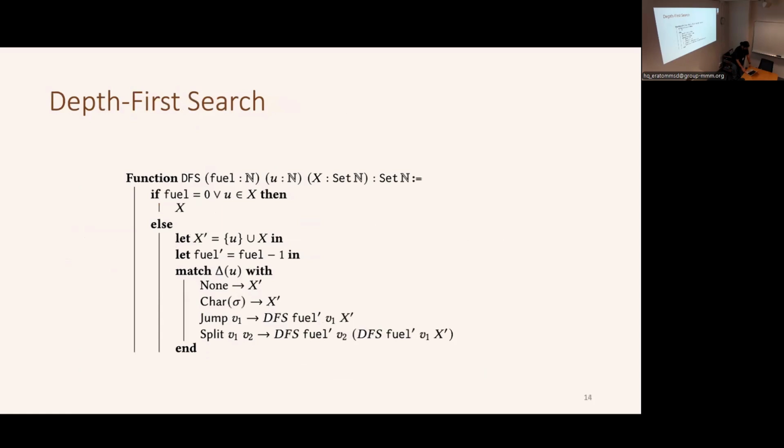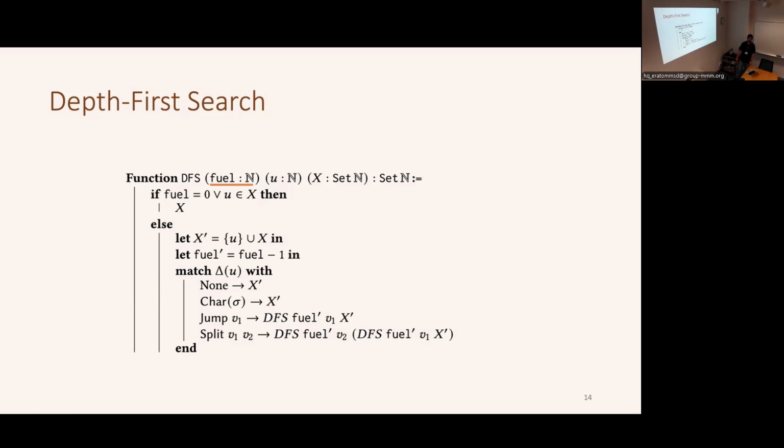As a part of exploring the Thompson NFA, we have some kind of graph search. We went with DFS. One of the things I want to note here is that we have a fuel parameter. All the functions in Coq are required to be total. Here we have this graph exploration, and based on the definition of the type of the graph itself, we wouldn't know that this terminates.